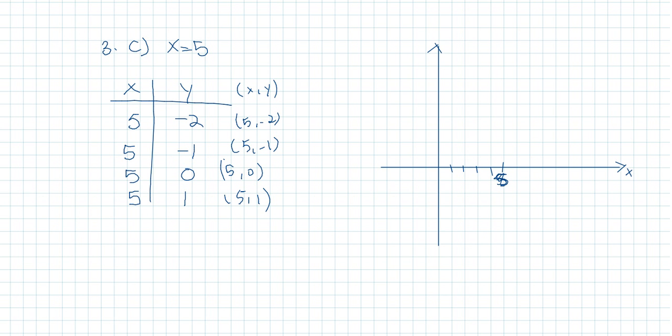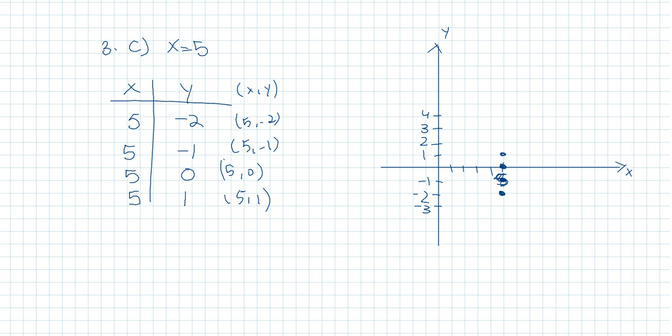And then for 5, negative 2, that's negative 1, negative 2, negative 3, then 1, 2, 3, 4. So (5, negative 2) is right here. (5, negative 1) is right here. (5, 0) is right here. (5, 1) is right here.